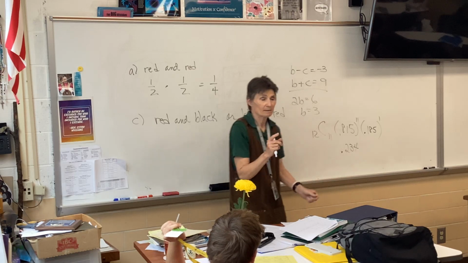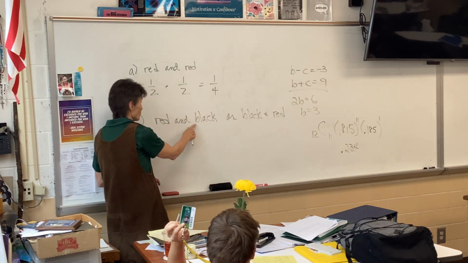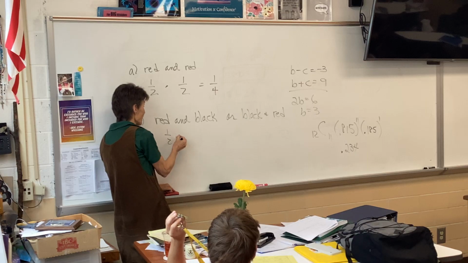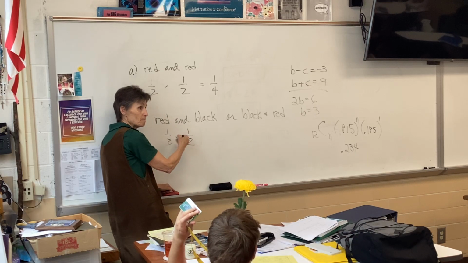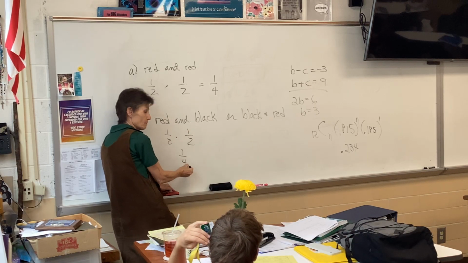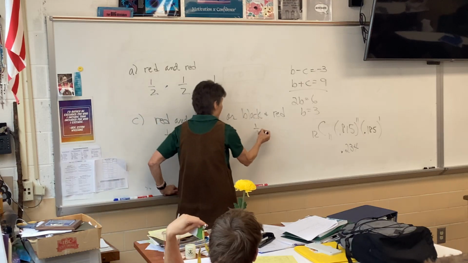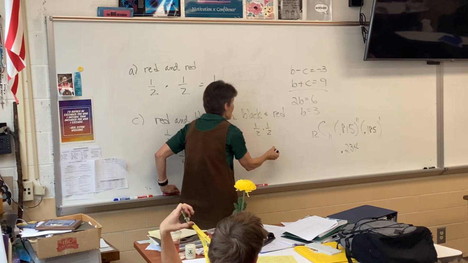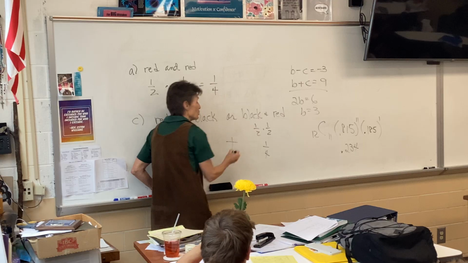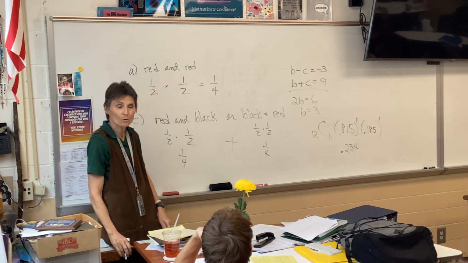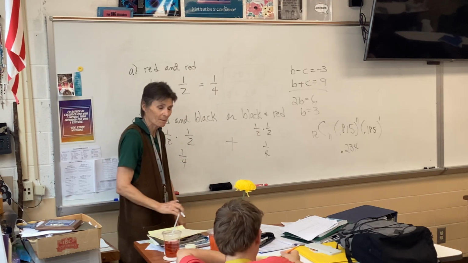It's not the same again, because this would be 1/2 times 1/2, which is 1/4. This would be 1/2 times 1/2, which is 1/4, but it could be either one, so you add them. So it's just 1/2.